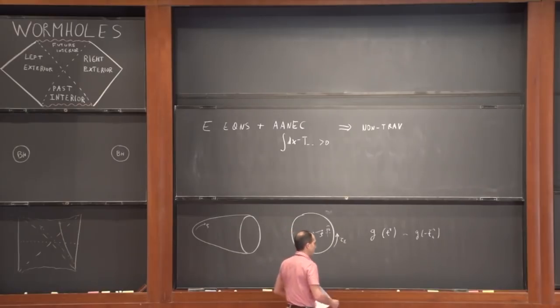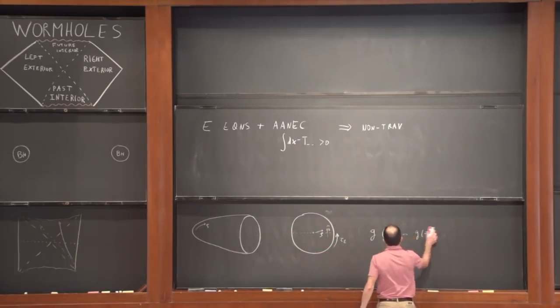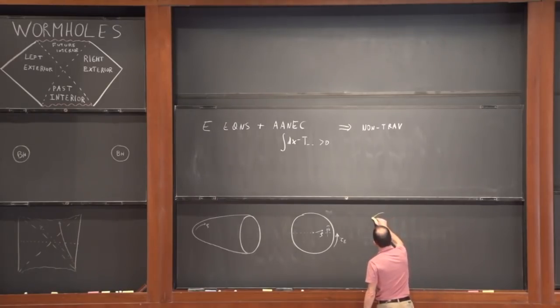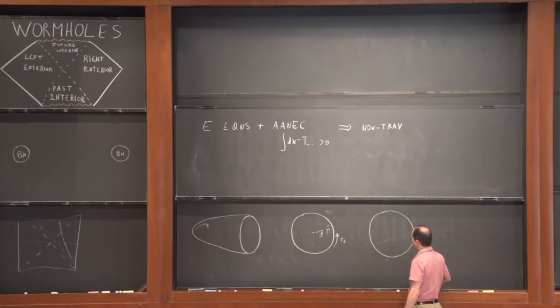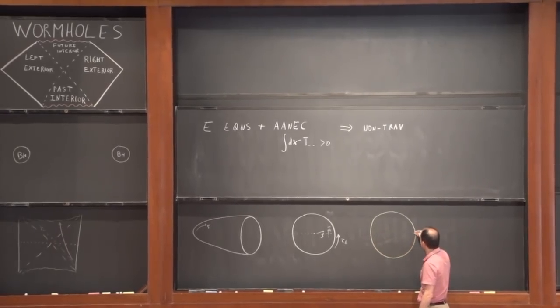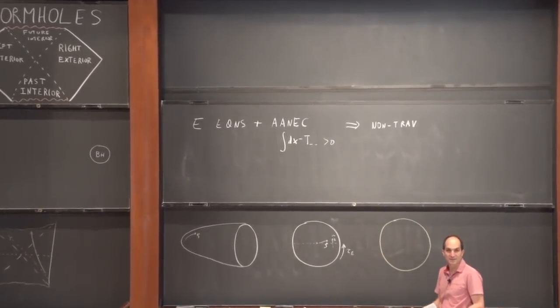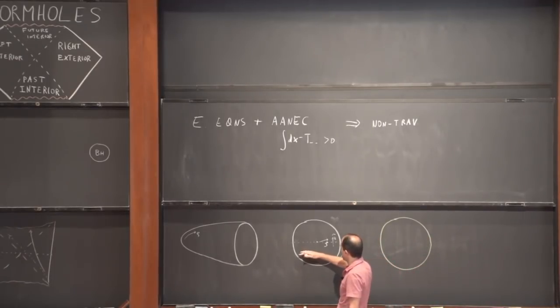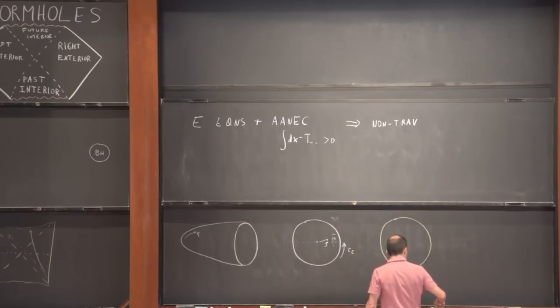So I'm going to draw here another circle. And I draw it separately just to emphasize that this is a hollow circle. This is a circle in which the conformal field theory is living. There is no interior here. There are the degrees of freedom of either the quantum field theory or quantum system that live on this Euclidean time circle. And we can do this same procedure of cutting at this moment.